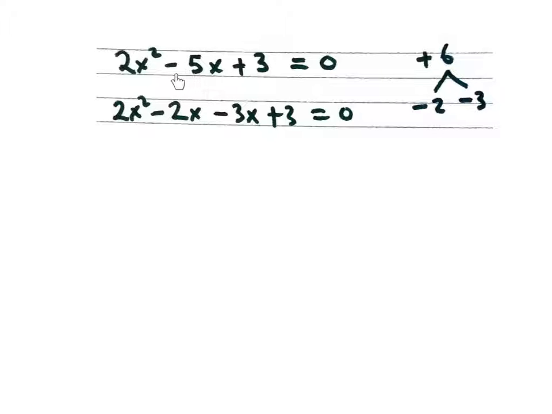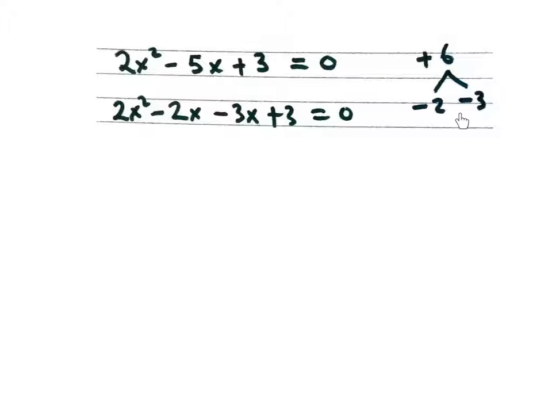To get a negative 5 from two factors that when you multiply them will be 6, if you try 6 and 1, that's 7. If you do 2 and 3, that will be plus 5, but this is a negative 5. If you do negative 6 and 1, you'll get negative 5, but that will not give you plus 6. So the only combination of factors whose sum will be negative 5 is negative 2 and negative 3.